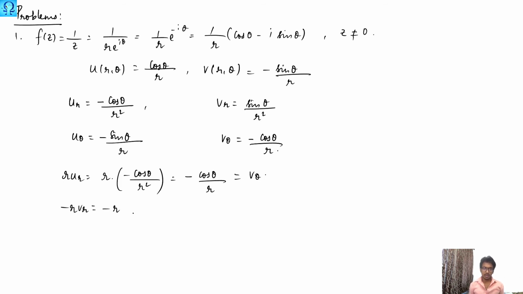So minus r multiplied with what is my v r? It is sine theta upon r squared. r and r get cancelled. So minus sine theta upon r, which is nothing but my u theta. Okay. Hence, CR equations are satisfied.